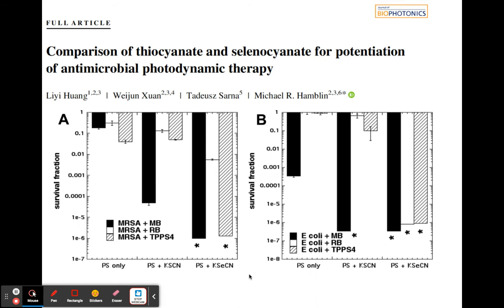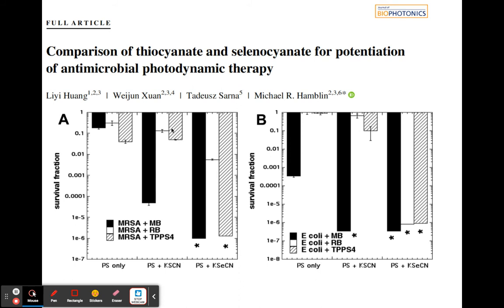We thought we'd compare thiocyanate and selenocyanate to see if we can draw some comparisons between the two. Obviously, selenocyanate is a lot better. The only thing that works with thiocyanate is methylene blue.